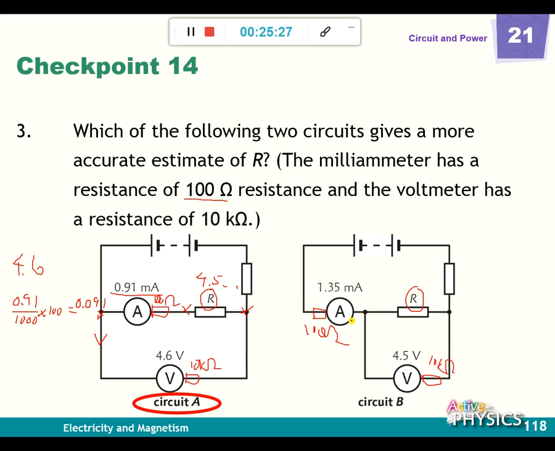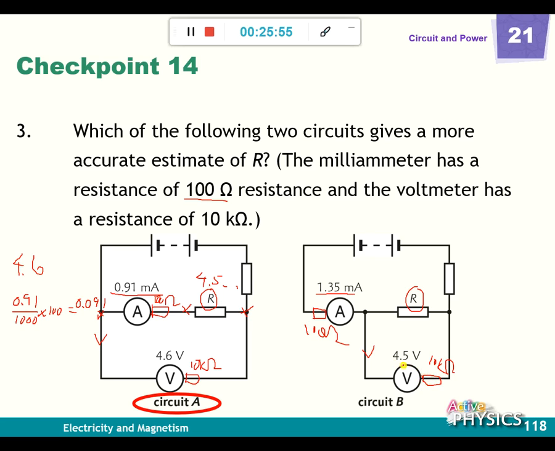Okay, and then how about this? Here we can see that this one is 4.5 volt. Okay, and here we know that the current should be this 1.35. This current 1.35 should include the current passing through this way. Okay, then what will happen?